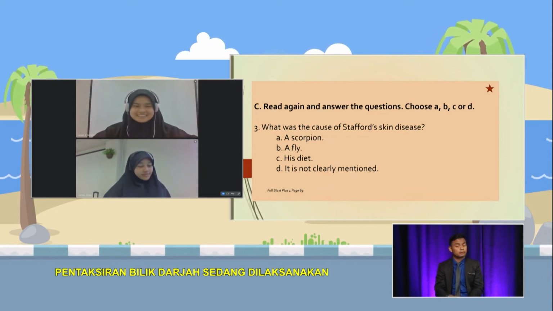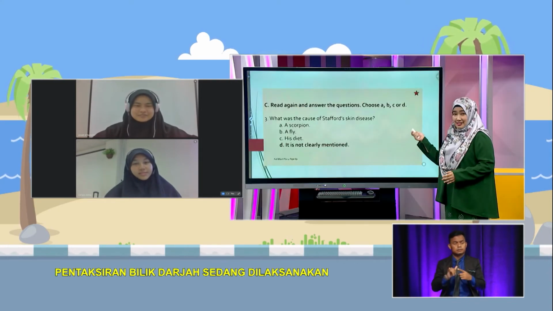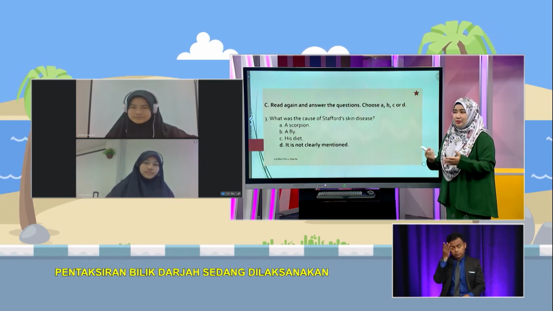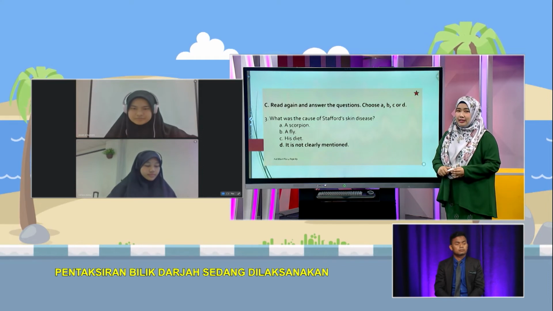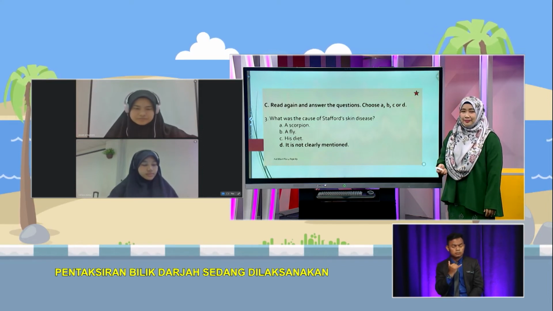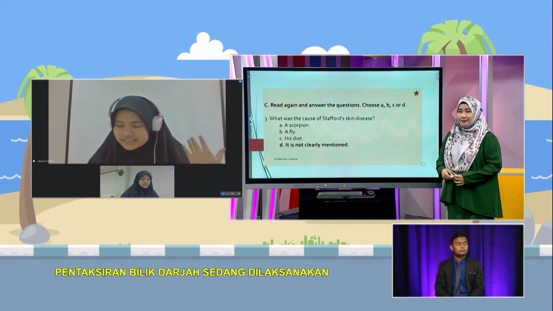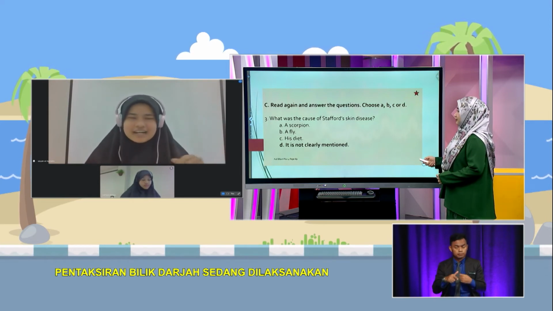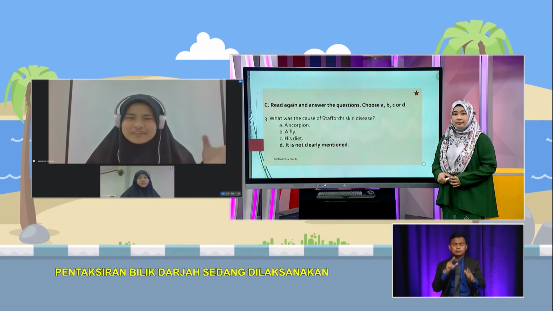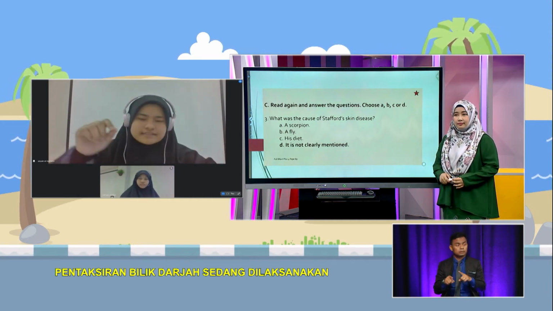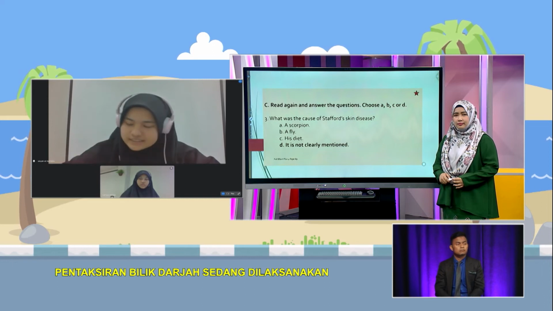Okay, let's have a look. Yep, it's not clearly mentioned. And I wonder why. So maybe could you girls explain it to us? Well, after I read the third paragraph, I couldn't really find the answer, but it has words that are the same as in the question.